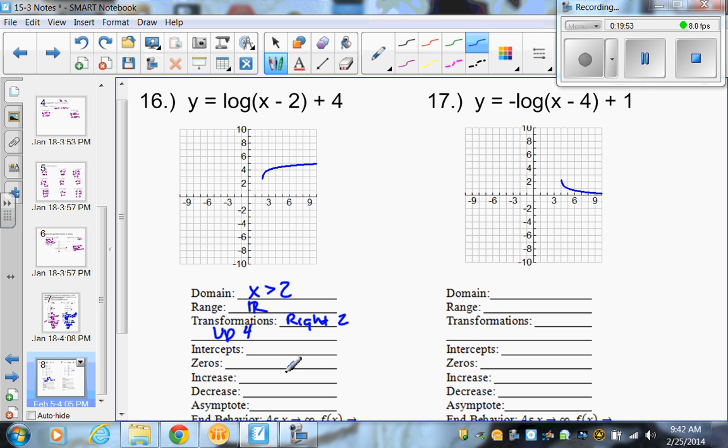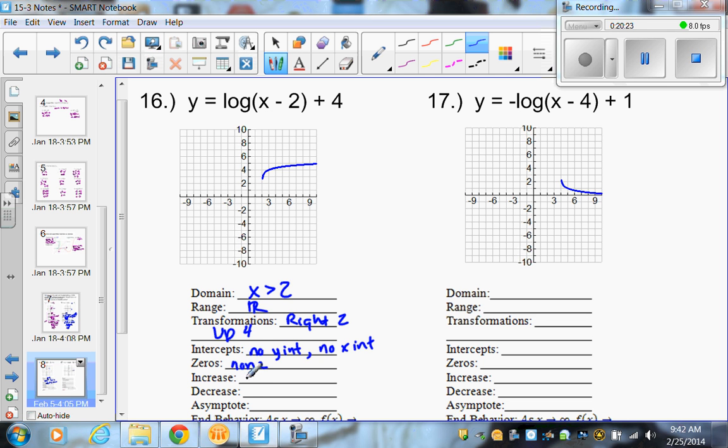Intercepts, it's not going to cross the y-axis, so there's no y-intercept. The x-intercepts, since it starts here and we can't go below 2 here, and this is going up, there's not going to be any x-intercepts, which means there's not going to be any zeros.